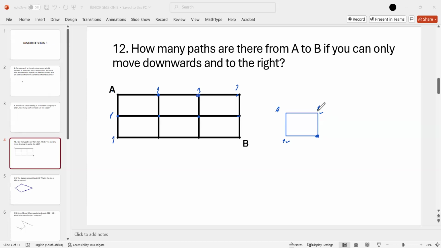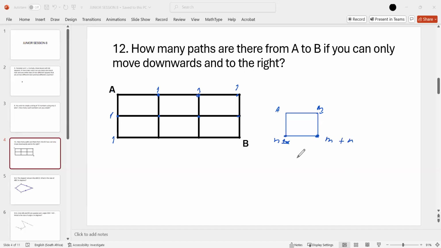So if there are m ways to get to this point here, and if there are n ways of getting to this, right, then to get to this here, you've got the m ways along this path, and along that path, there are another n ways.